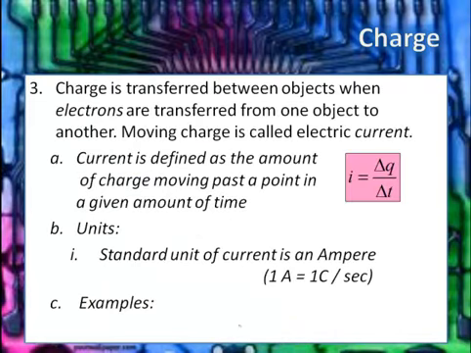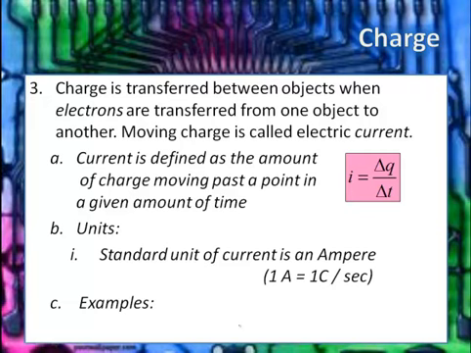I'll briefly talk about current a second now, but we'll dive into that in another video in a few weeks. When charge gets transferred from one object to another, that's because usually electrons are moving from one object to another. Protons usually are too stuck in the atoms to move around. So typically electrons move.